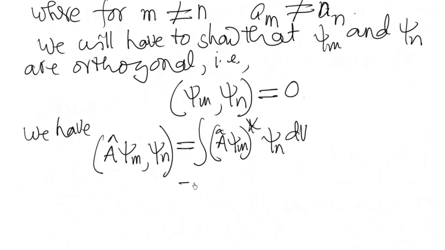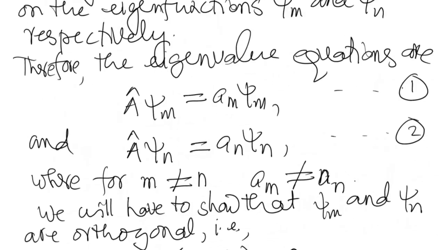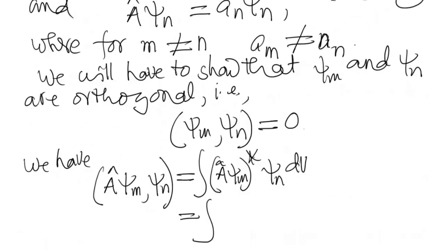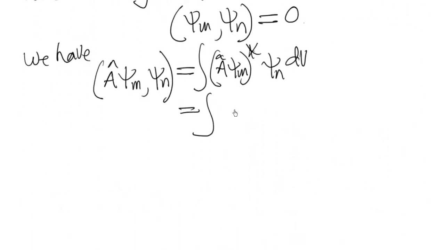It's a dv volume element, and if you apply equation 1, then a m psi m, asterisk means complex conjugate, psi n dv.